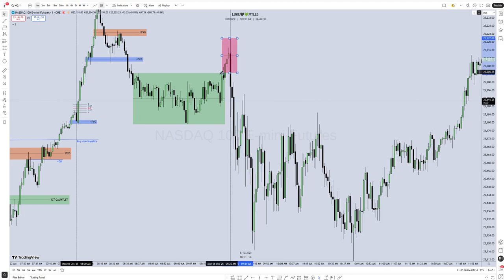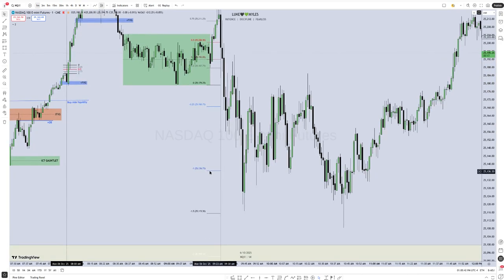So now I'm hoping for what? Distribution. And distribution is what? Standard deviations of what? The Judas swing. So if I'm to measure my Judas swing from, let me see, look at this, the -1 fib level.